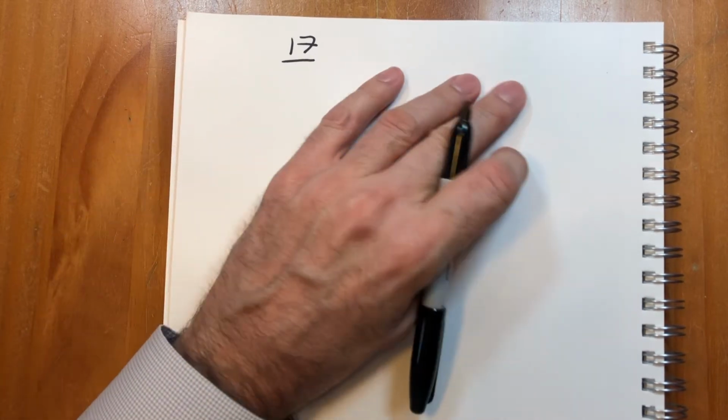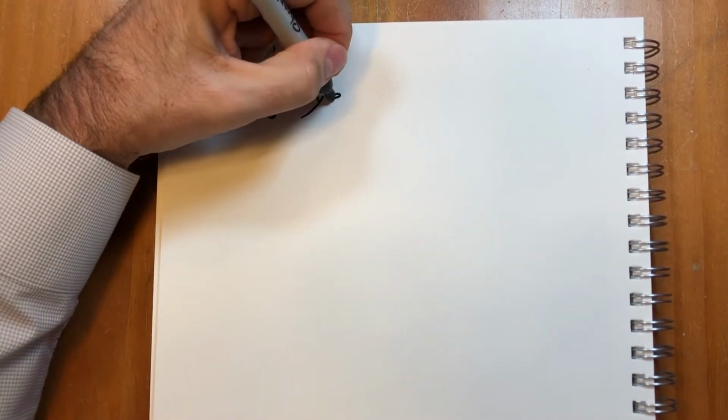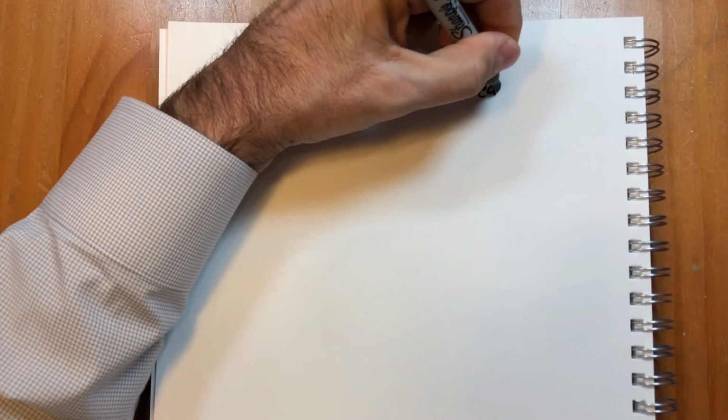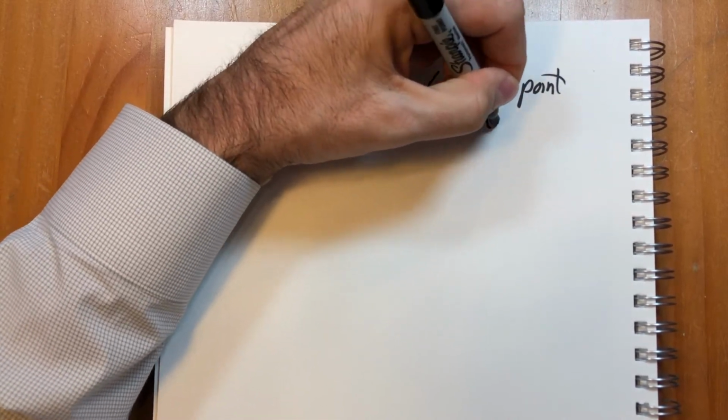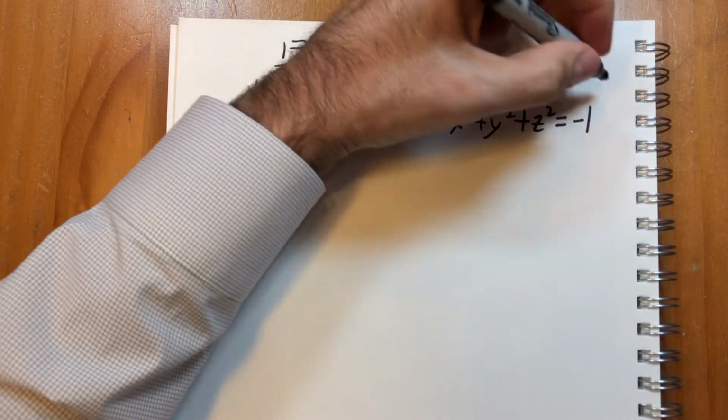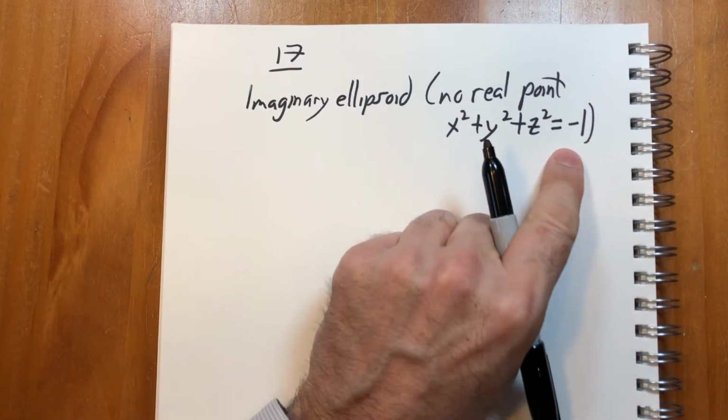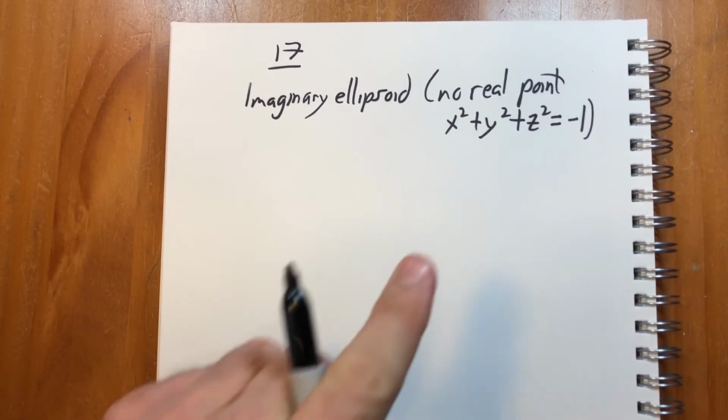There are actually 17 different surfaces possible from the general quadratic polynomial with 3 variables, but 8 of them are not true quadrics. Those are the ones that we looked at that are degenerate in some way. So the other 8 are, there's an imaginary ellipsoid, which has no real point. For example, x squared plus y squared plus z squared equals minus 1, because it has an imaginary radius. That's something that's interesting to think about.